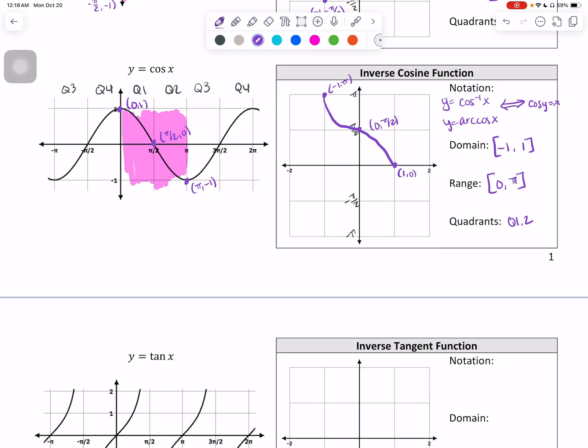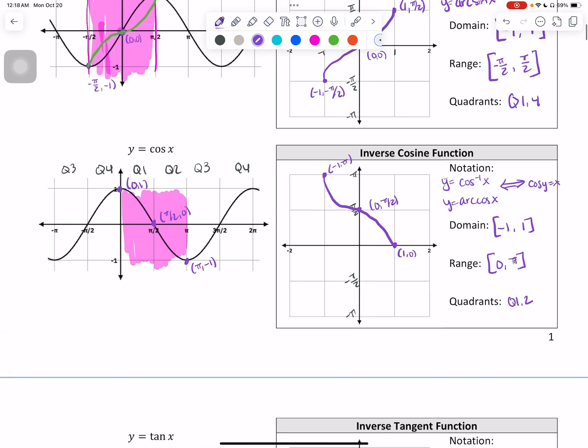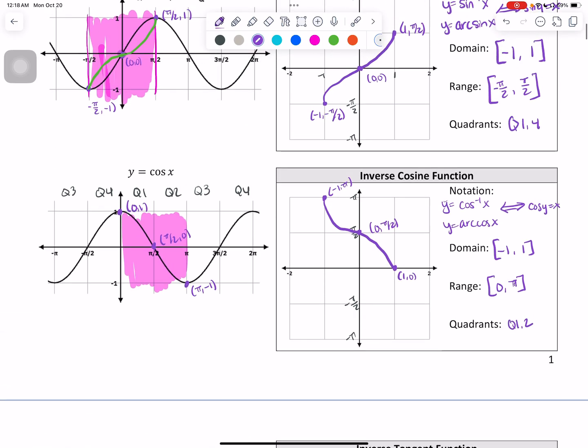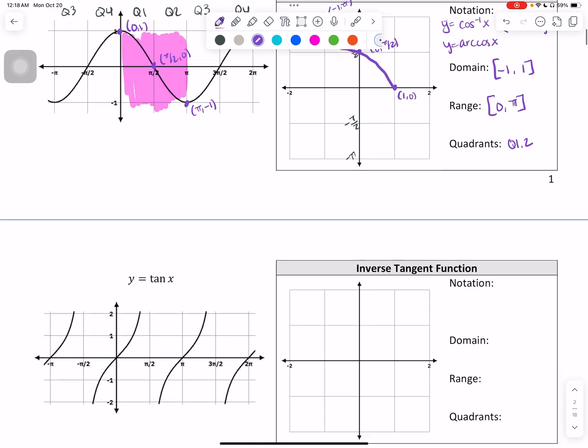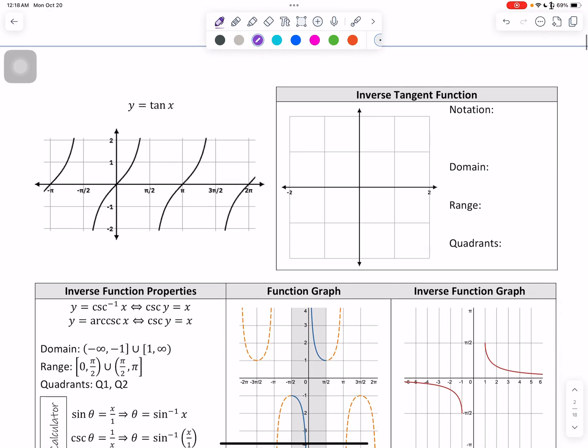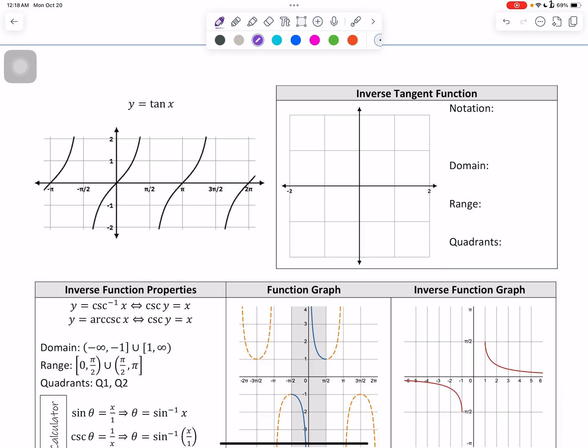Now, once we talk about tangent, you'll kind of see why cosine is different than sine and tangent. So I'll talk about that here in just a second. But for tangent, if you're looking at this and you know you have asymptotes, I look at one curve as what we would want to use instead of jumping from one curve over to the other curve.